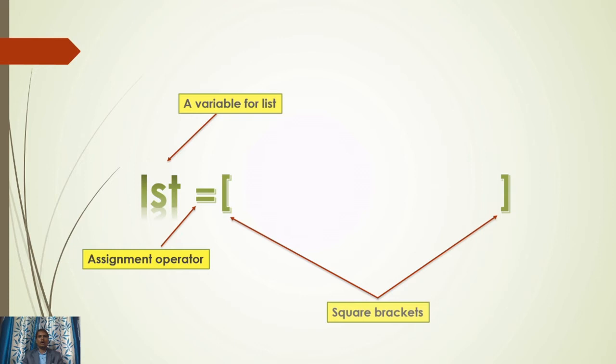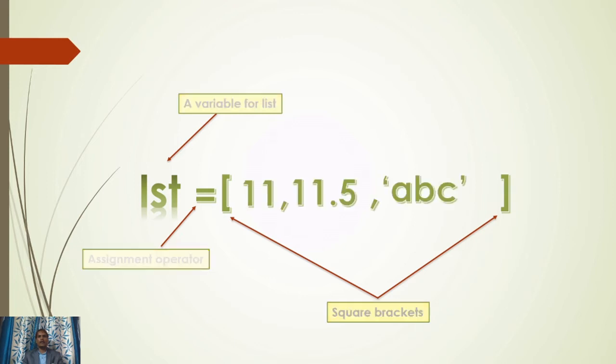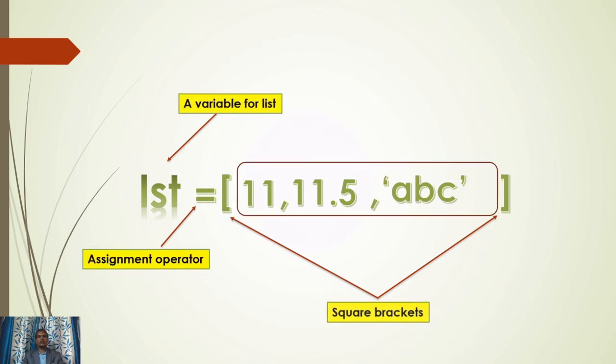Another type of value, a string value or character value, enclosed in single inverted commas or double inverted commas. These are all called elements of the list. So it is very easy to create any kind of list with mixed elements and unique elements.